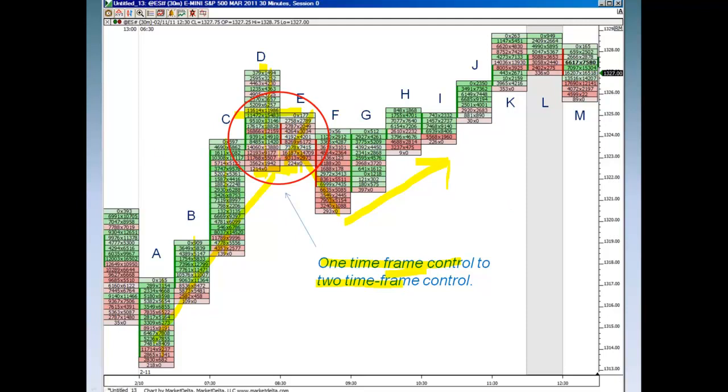So even though you will have accurately identified this transition, and yes, prices are likely to drop a little bit more, I would not use that as a way to take a quick short. I would actually use this as perhaps an opportunity to exit a long position that I've had.